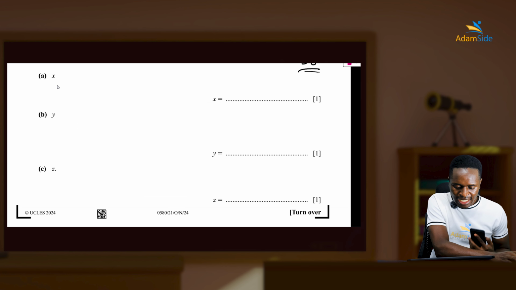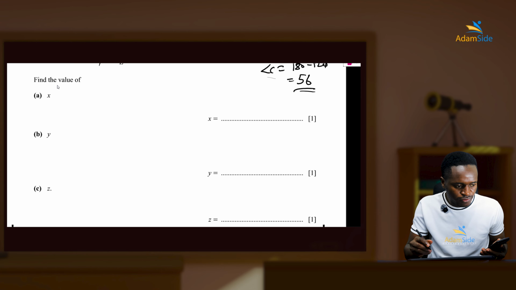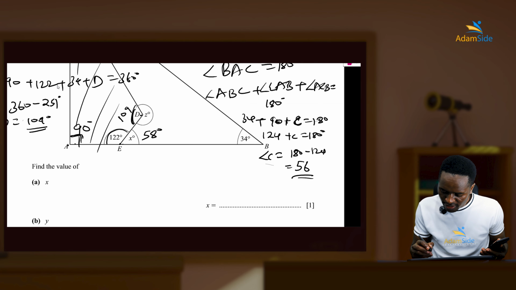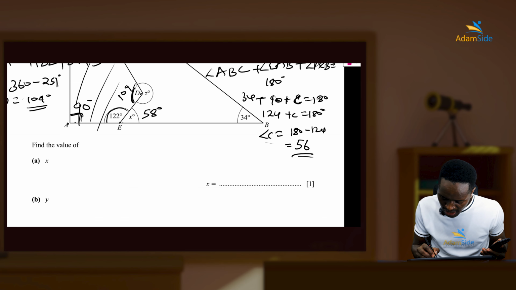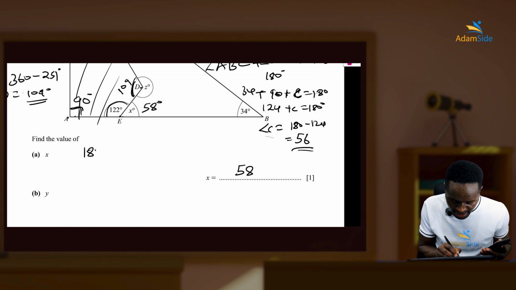So we have been asked for angles X, Y, Z. Angle X will be equal to 58, because angles in a straight line add up to 180. You just say 180 minus 122 and you get 58 degrees.